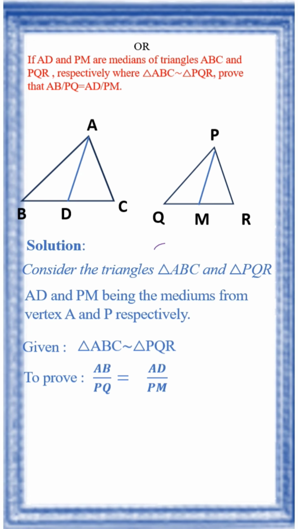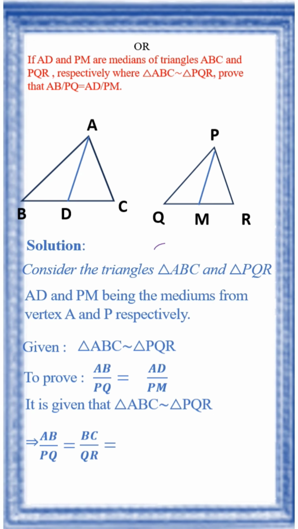From the given, triangle ABC and triangle PQR are similar, isn't it? So now we can have that AB by PQ is equal to, look at the figure, BC by QR is equal to AC by PR. Why? They are the corresponding sides of the similar triangles.